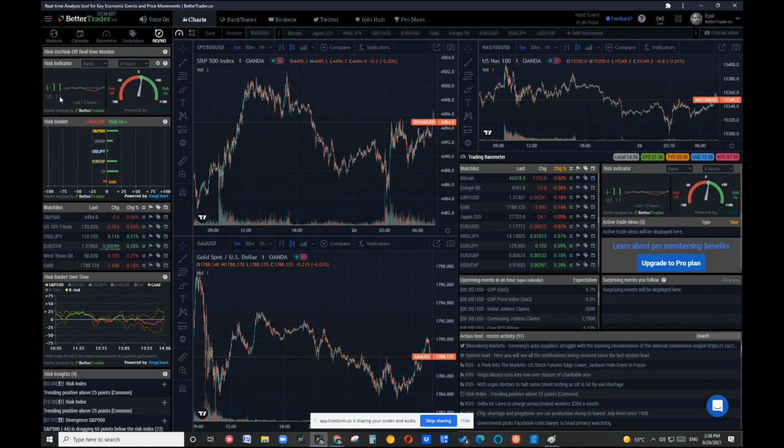Many times we get the question, what is this SD? And then 11. This is the standard deviation. How much this basket is concentrated in the same direction. And you see, let's talk about it like this: S&P 500 could be plus 100, and gold could be minus 100.